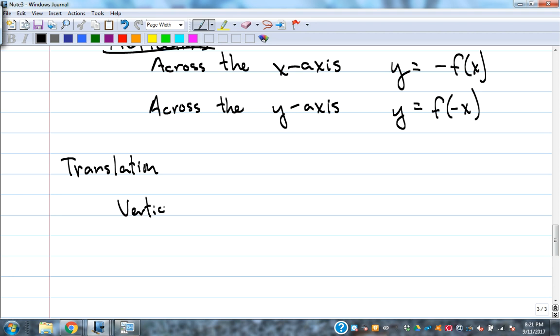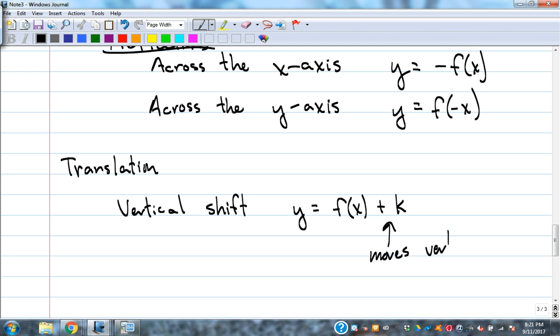Now, vertical shift. This is the easiest of them. y equals, you take the original function and add something to it. What that does is it moves vertically k units.